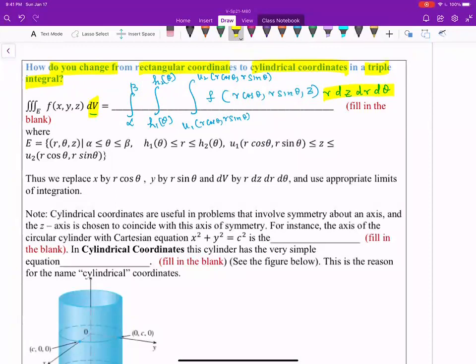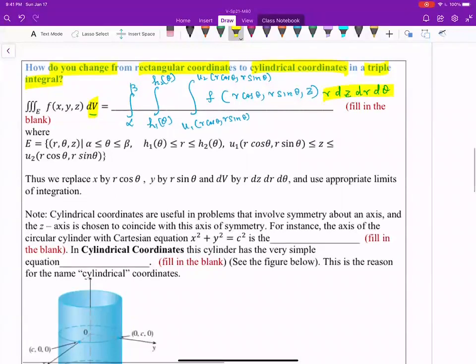E is the set of (r, theta, z) where theta lies between alpha and beta, r lies between h1 of theta and h2 of theta, and z lies between u1 of (x, y) and u2 of (x, y), where x and y in cylindrical are r cosine theta and r sine theta respectively.